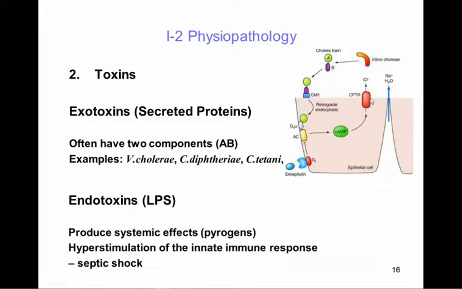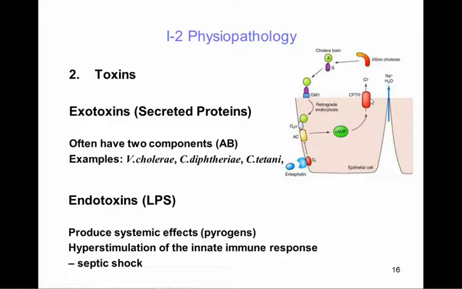As well as that, endotoxins are something different. So endotoxins, this is LPS, lipopolysaccharide, in the outer leaflet of gram-negative bacteria. So exotoxins can be secreted by gram-positives or gram-negatives. Endotoxins, gram-negative only. Now, what happens here is that the endotoxins don't really provoke a very specific effect.